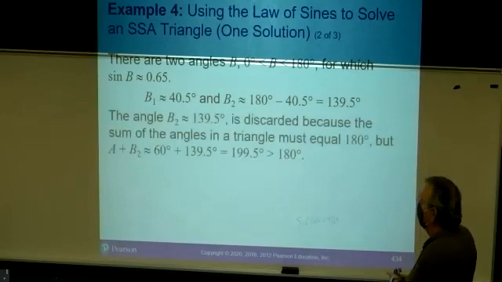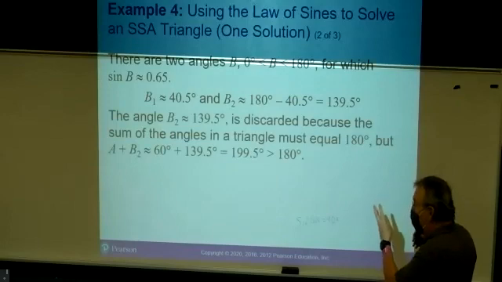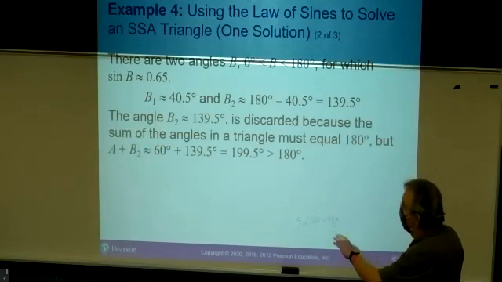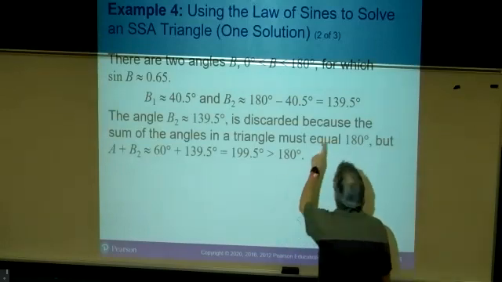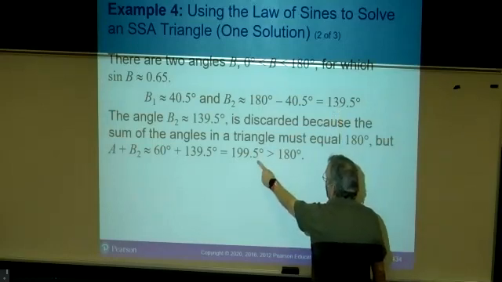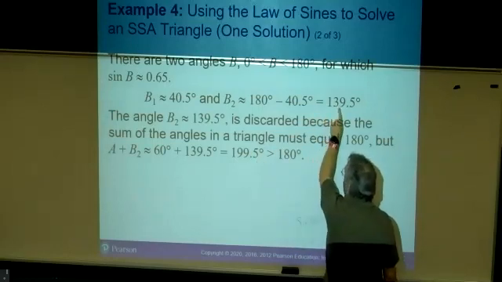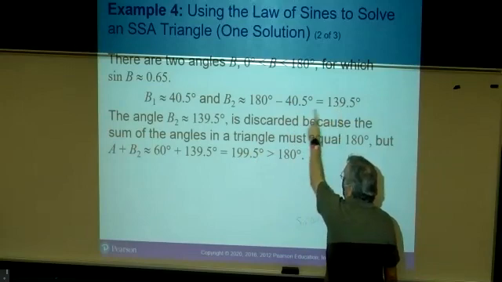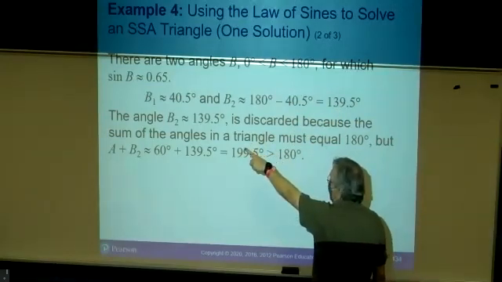And so the sum of the three angles has to be 180. But right away, seeing that 60 plus this is going to be more than 180, we can't use this one. So it has to be that one.